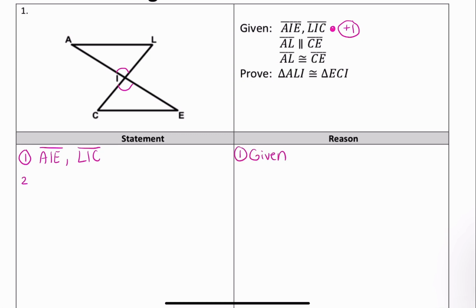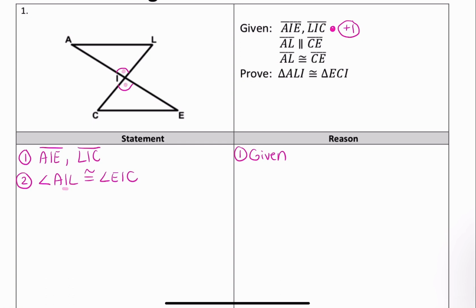Now I know that my second statement is going to be angle AIL is congruent to angle EIC. Again, remember, the letter in the middle is always the angle at the vertex.